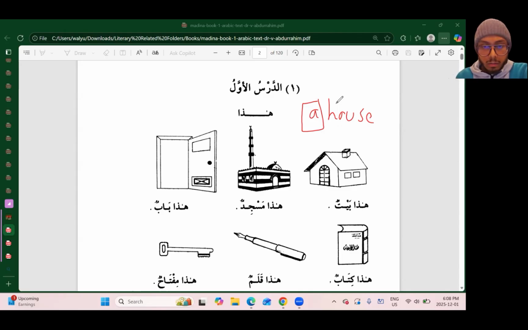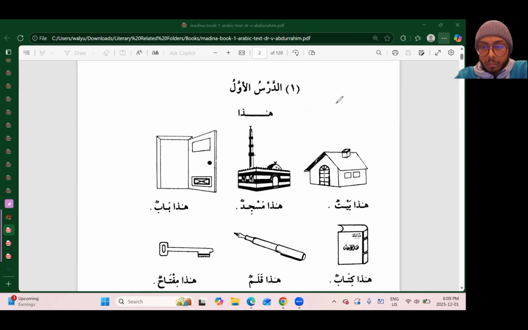It's a unit from some category. This is important because we'll soon learn how to say the house, and we'll see how the haraka will change on the last letter. So that's that. Now there's another thing that you have to learn.